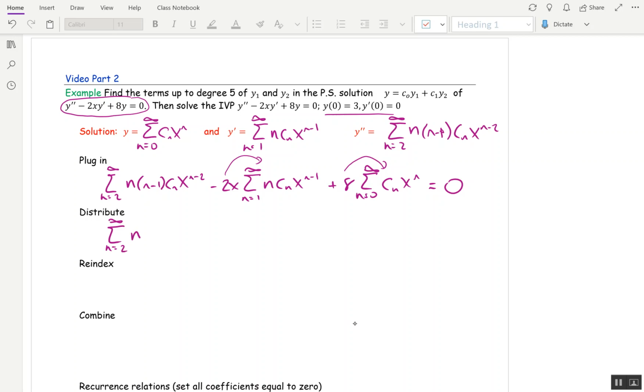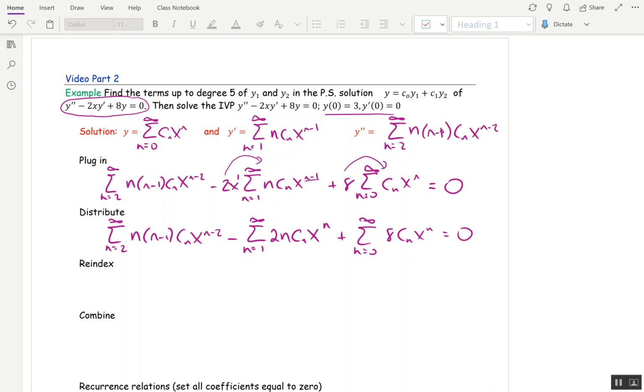N equals 2 to infinity n times n minus 1 Cn x to the n minus 2, and then minus the sum n equal 1 to infinity of 2n, I'm bringing a 2 in, Cn x to the n, because I had n minus 1 plus 1 is n. Then sum n equals 0 to infinity of 8 Cn x to the n, and that equals 0.